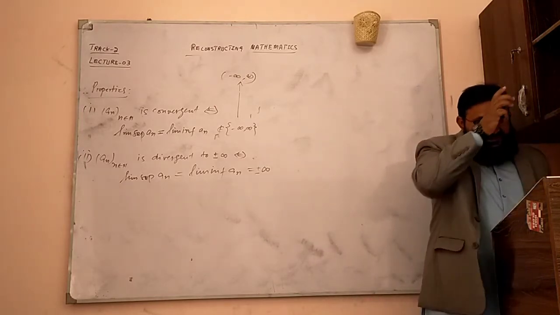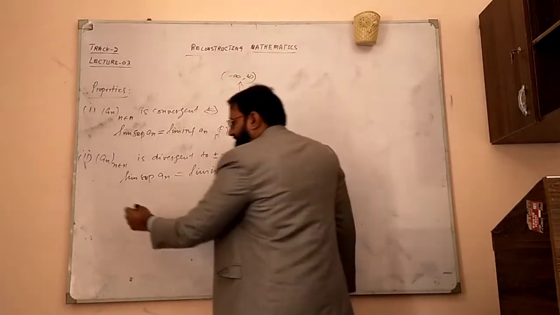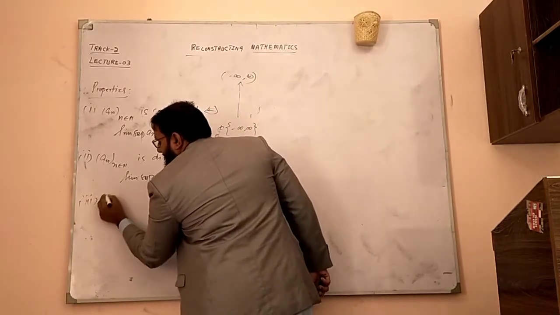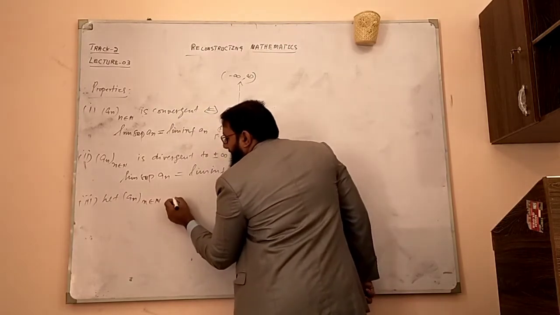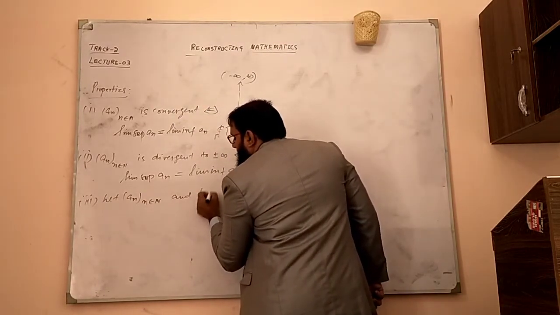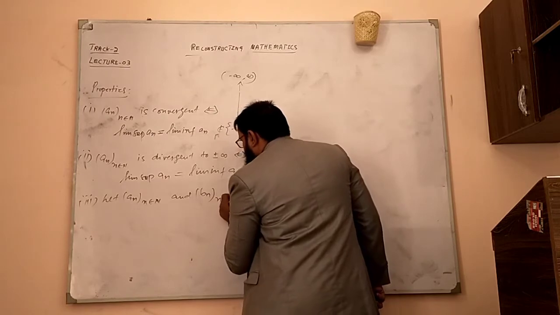Okay, the next thing is that if I have two sequences, number 3, let an and bn be two sequences.